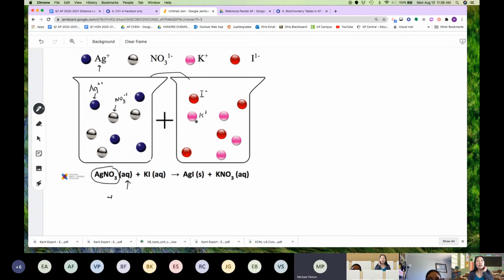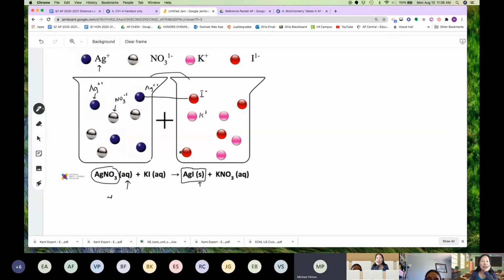Okay. So when you make this, it tells you that you made AgI solid. You see the S right there? That means this Ag and this I bonded, and water can no longer separate them.